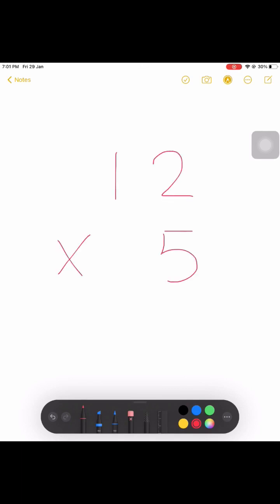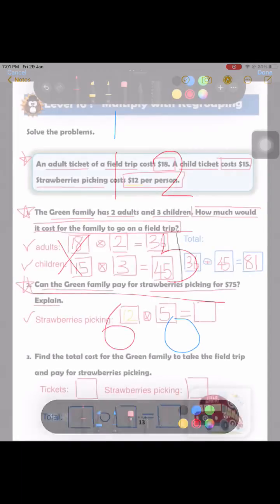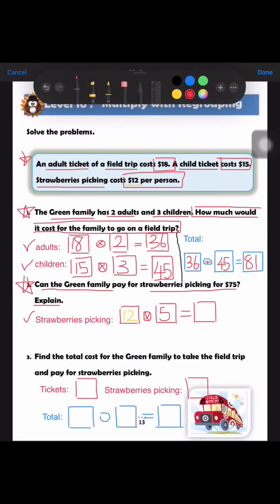Okay, we multiply the ones first. So 5 times 2 ones equals 10. So we put 0 in the ones place and carry 1 ten to the tens column. And then 5 times 1 ten equals 5 tens. And then add the regrouped ten, that means 6 tens. So 12 times 5 equals 60. Because it only costs $60, $75 is enough.